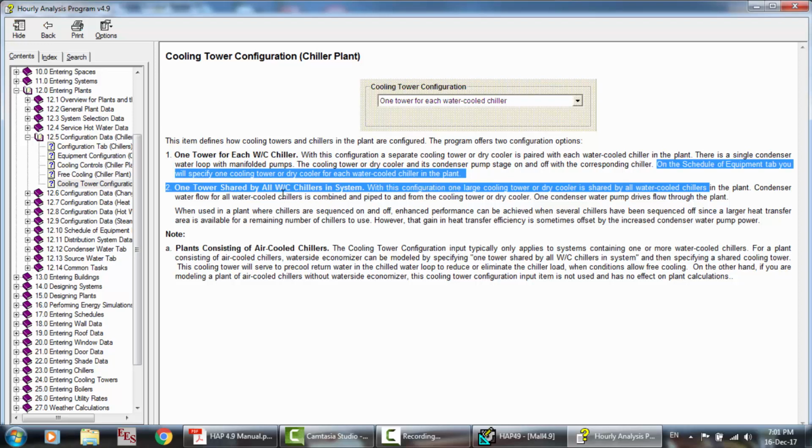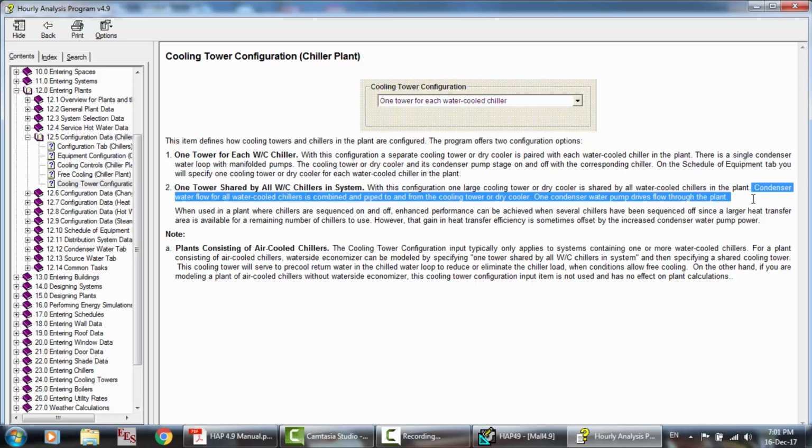If one tower is shared by all water-cooled chillers in the system, one large cooling tower or dry cooler is shared by all water-cooled chillers in the plant. Condenser water flow for all the water-cooled chillers is combined and piped to and from the cooling tower or dry cooler. One condenser water pump drives flow through the plant.